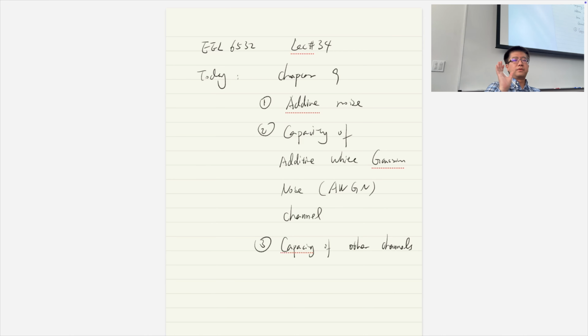This chapter is probably one of the most relevant chapters in the past 30 years, because of the development of wireless communication, 5G, 6G, Wi-Fi, and so on. This is not just theoretical; we can use it to do lots of optimization in practice.